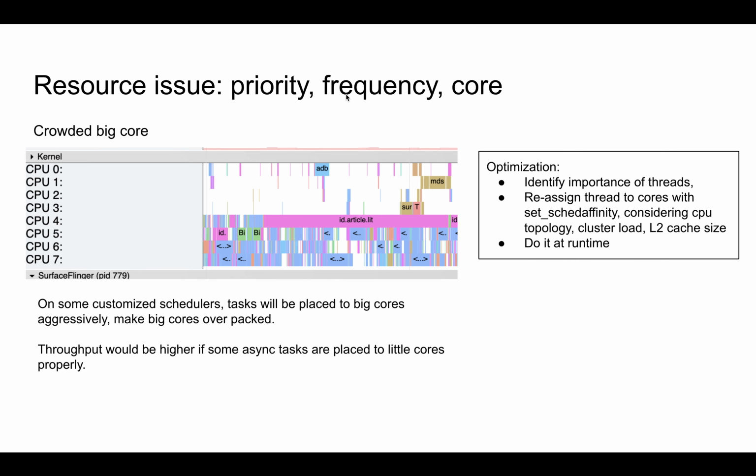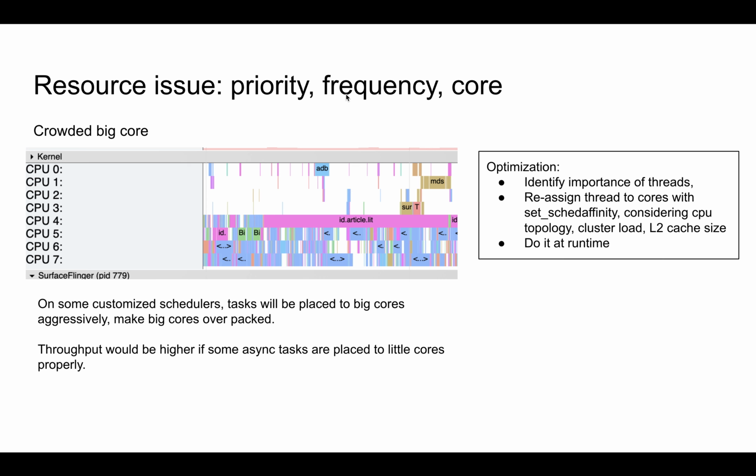One typical issue we've observed is that sometimes too many tasks are packed on big cores, while leaving the little cores empty. This is because of an aggressive scheduling strategy. Once triggered, the load estimation and power consumption are ignored. Tasks are placed on big cores as much as possible if the big cores are not masked out by CPU set.